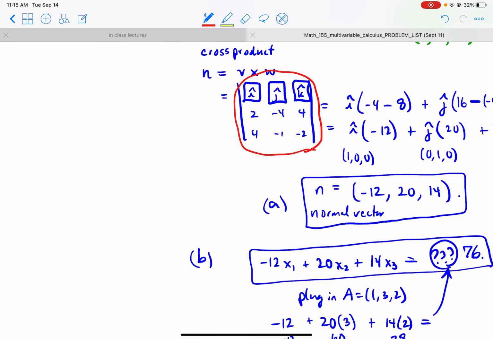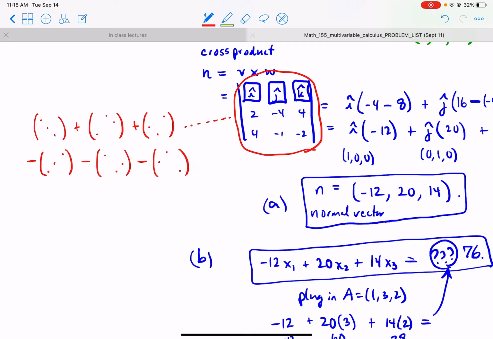So remember, determinants are a sum of 6 terms. And I just remember this pattern. Okay.